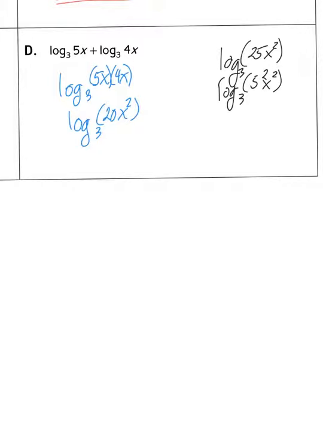And now, because both of those are squared, I can write that as log base 3 of 5x squared. And then I could have looped that back here if I wanted to. I wouldn't because I really want it as 1 log, but that's the only way that you can loop an exponent when you have multiple things being multiplied, is if everything is being raised to the same exponent, and here they're not. 20 is raised to the first power, x is raised to the second. So in our case here, this would be your final answer.